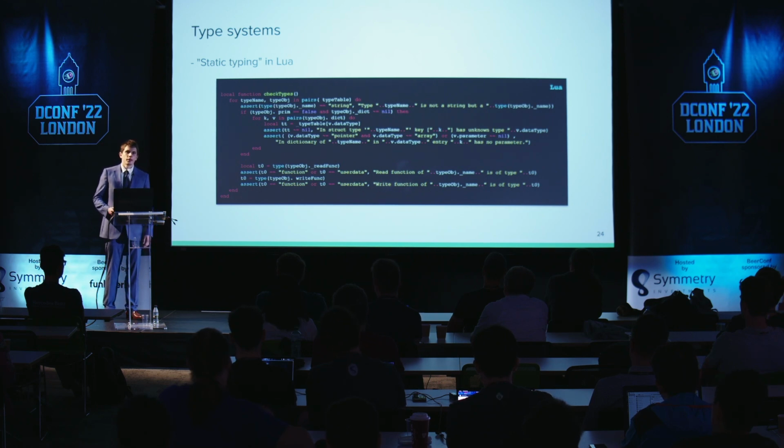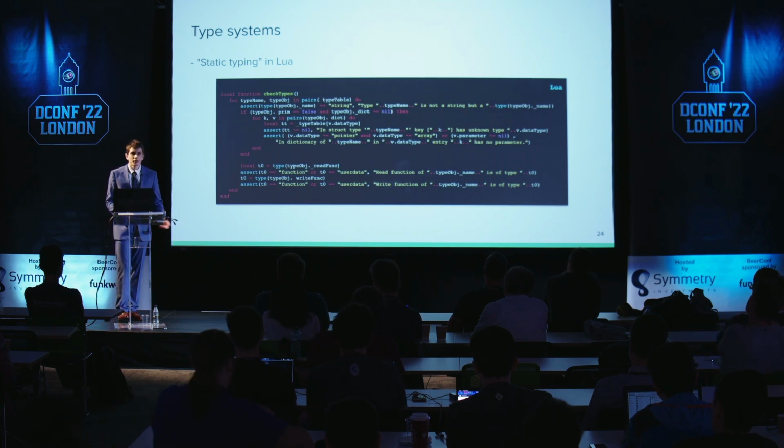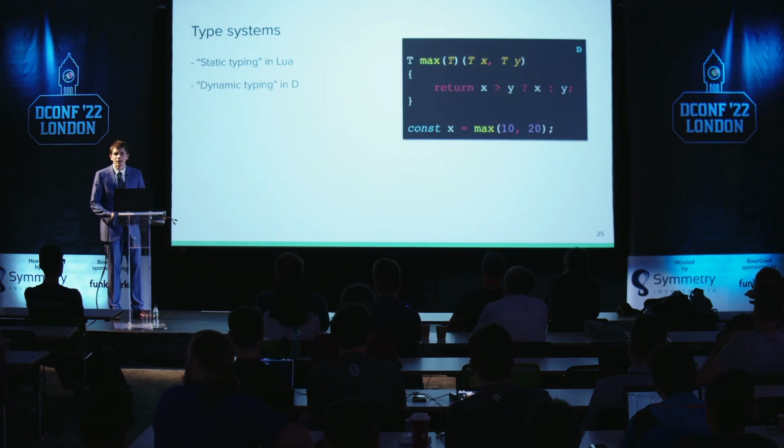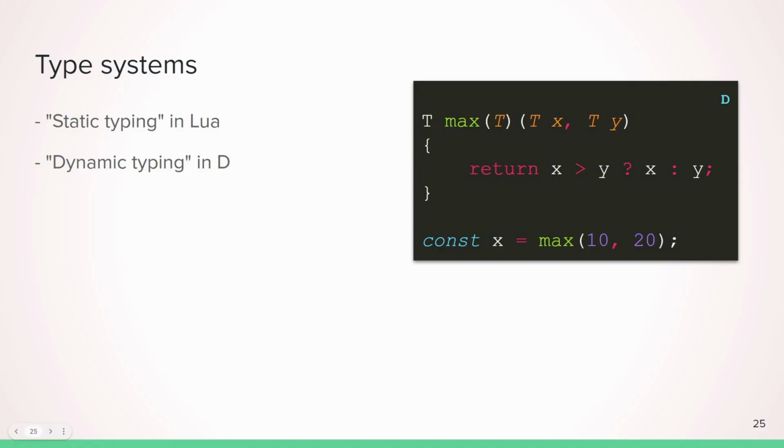Meanwhile, the reason why dynamic typing is sometimes praised is that you don't have to type all these types. But in D, you also don't have to write types, right? It is a static type system, but still, I don't write int here. I just write a generic max function that returns the maximum of 2 numbers.